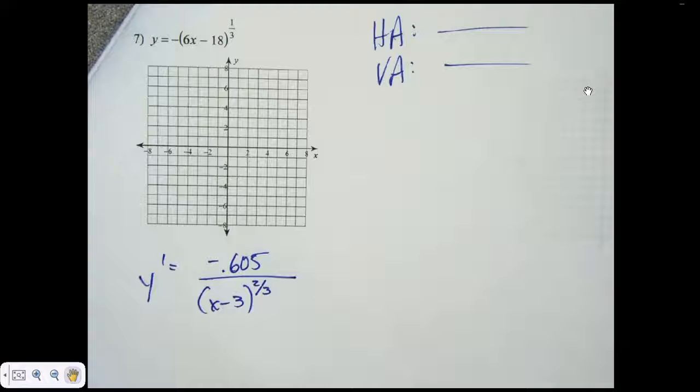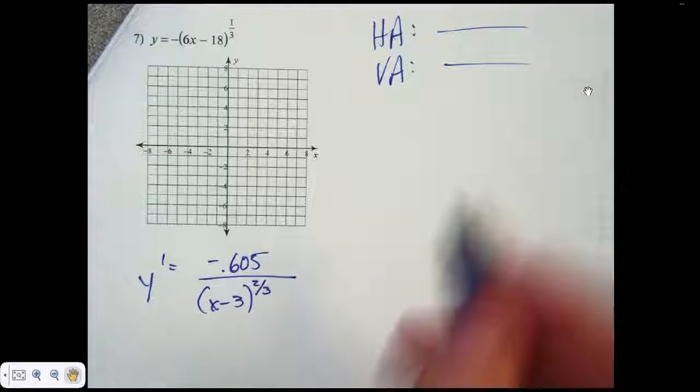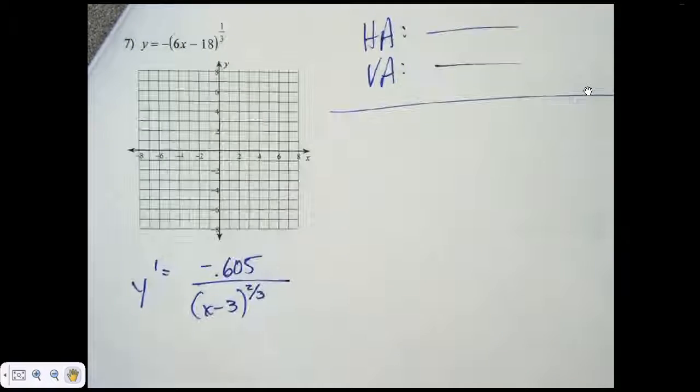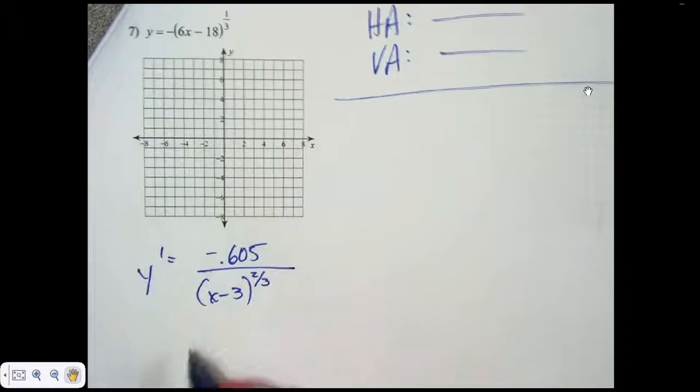So what do I do with that? Set the top and bottom equal to 0, right? So if I set the top equal to 0, I get nothing. If I set the bottom equal to 0, what do I get? I get x equals 3.